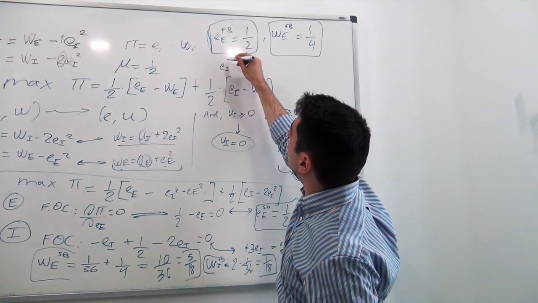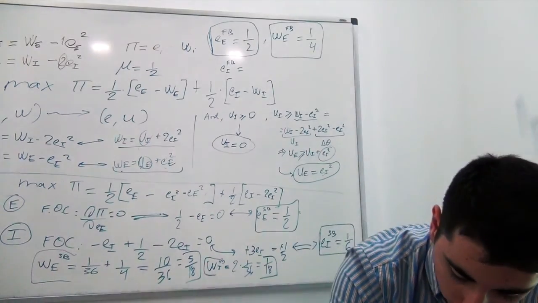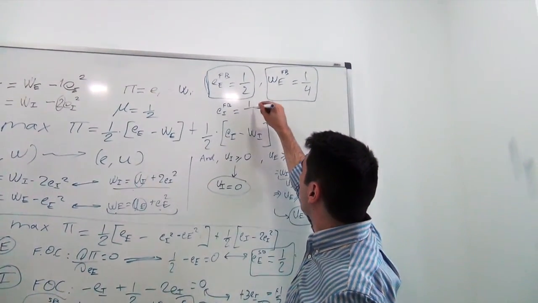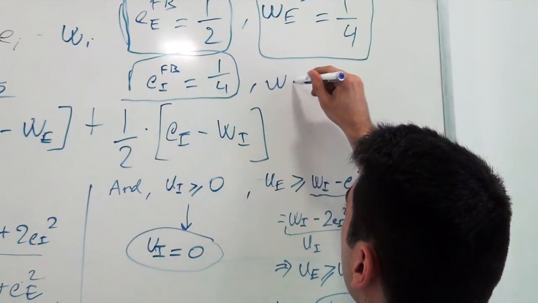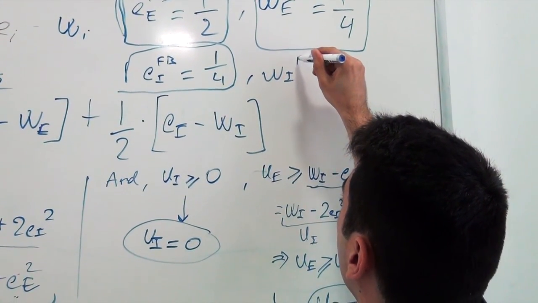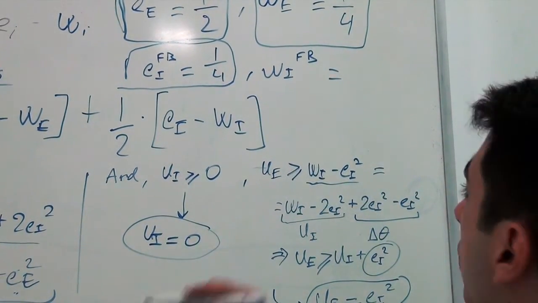And in the case of the inefficient, the first best solution for the effort was 1/4, and the wage was 1/8.